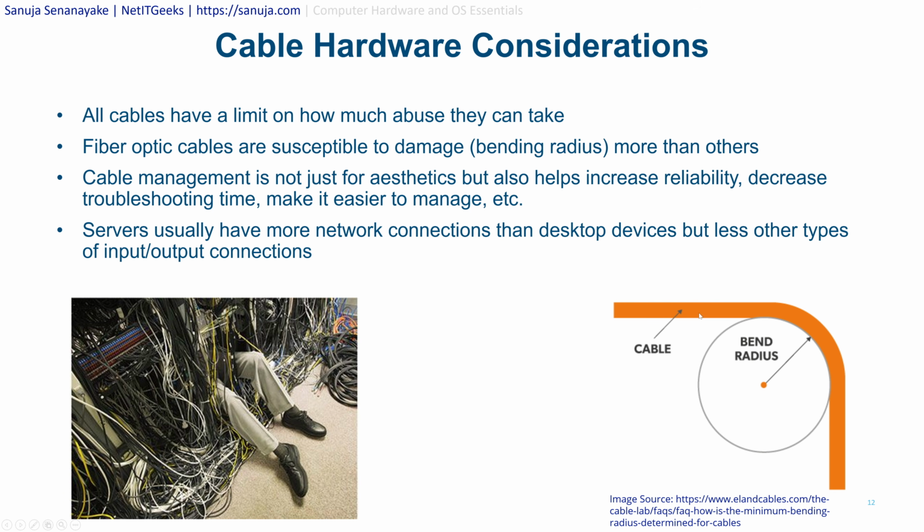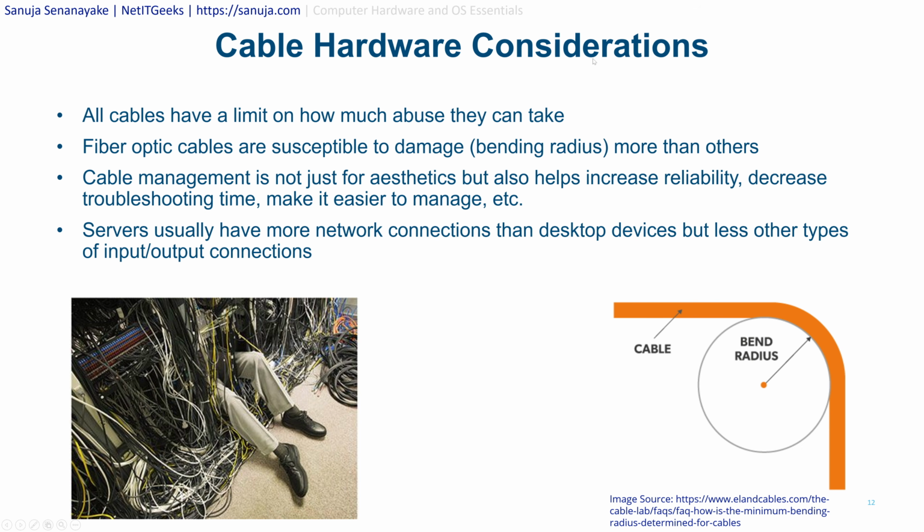Fiber optic cables don't have a very wide range of bending radius compared to copper wire cables, because they are more susceptible to breaking of those glass fibers.